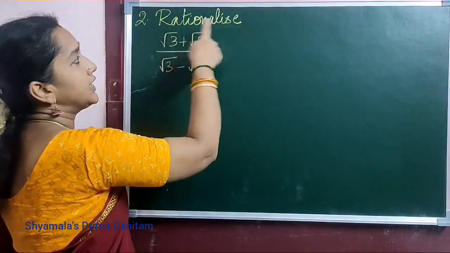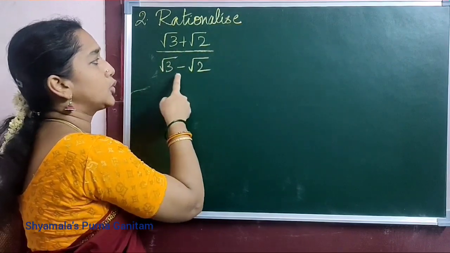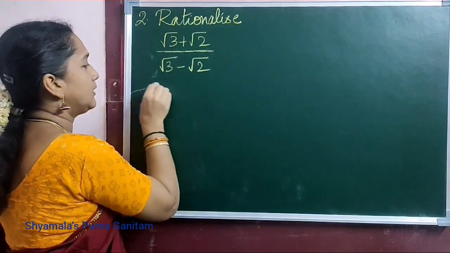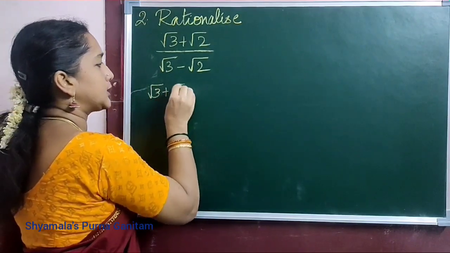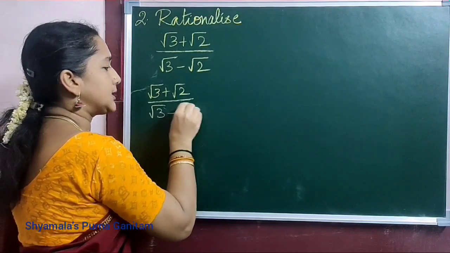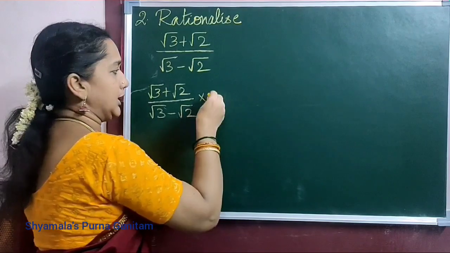Second sum: rationalize root 3 plus root 2 by root 3 minus root 2. You have to rationalize the denominator.